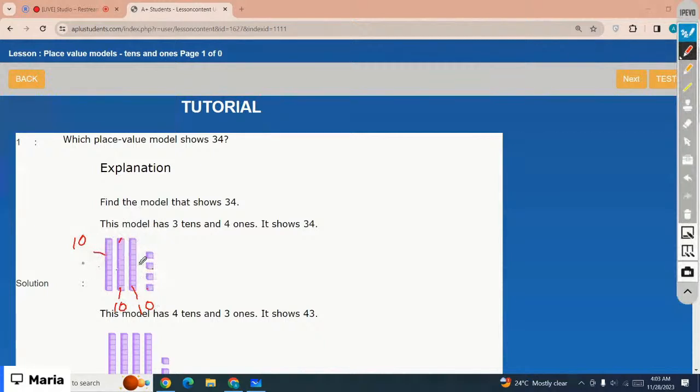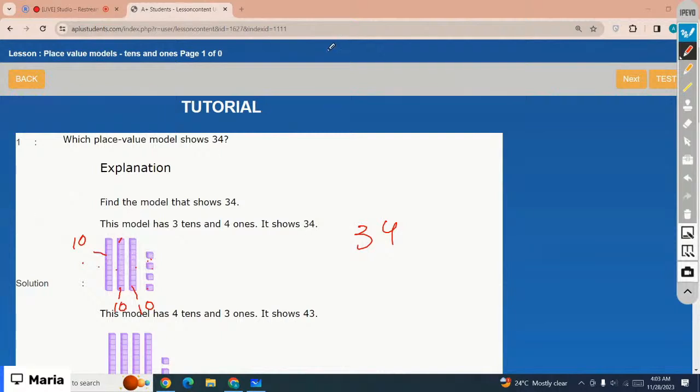You have three lines, so three tens, and you have one, two, three, four ones. The last digit is the ones, and then you have the tens. Together they make 34. So the single units represent the ones digit, and these lines represent the tens digit. There are three lines here, which means the tens digit is 3.